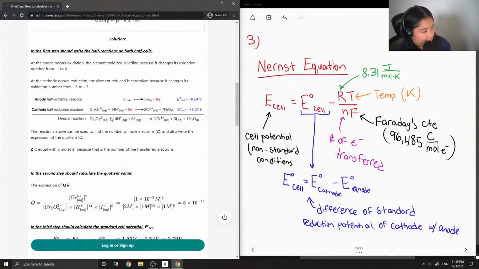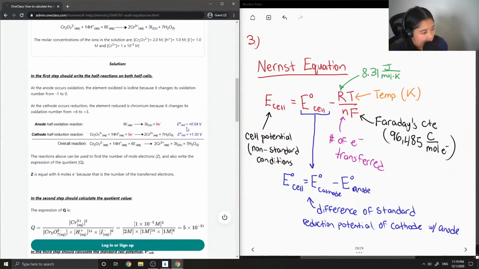So notice our reactants have a +6 charge. And then on the product side, we have 2 chromium 3+ ions. So our right side is also +6. So we know that the two are balanced in both charges and also with atoms.